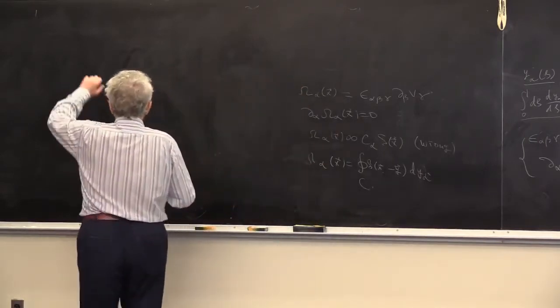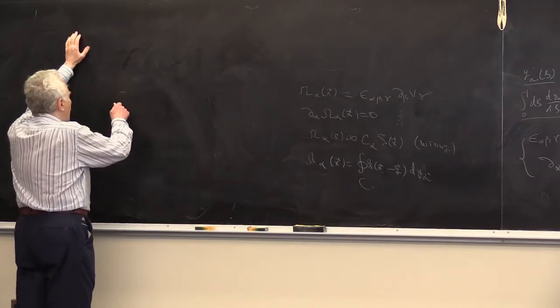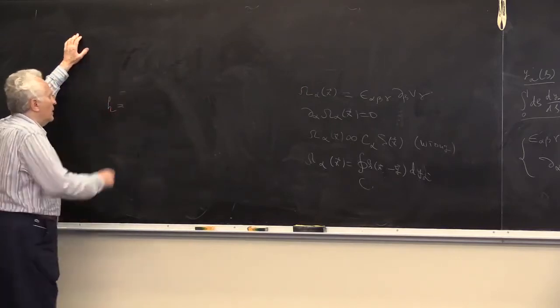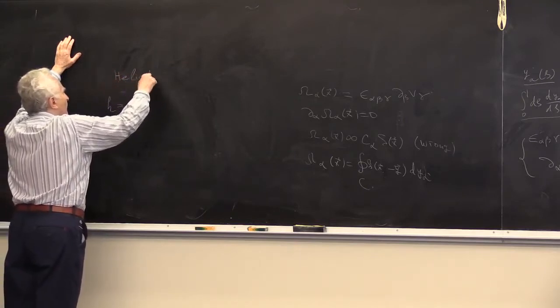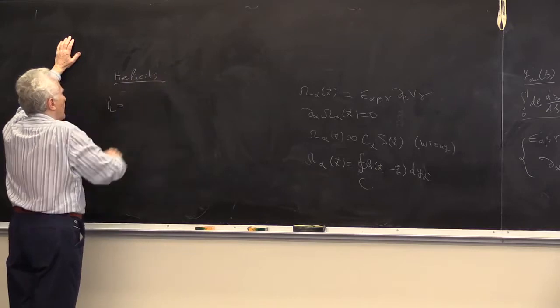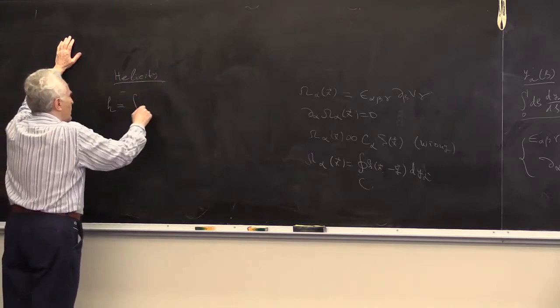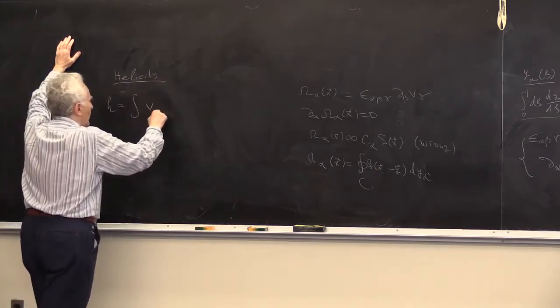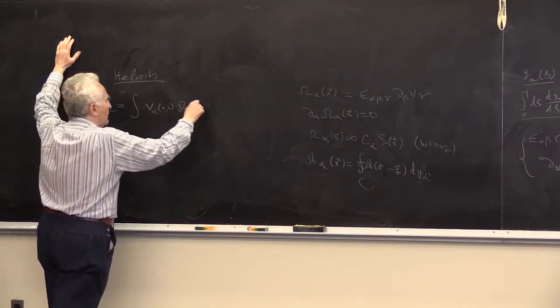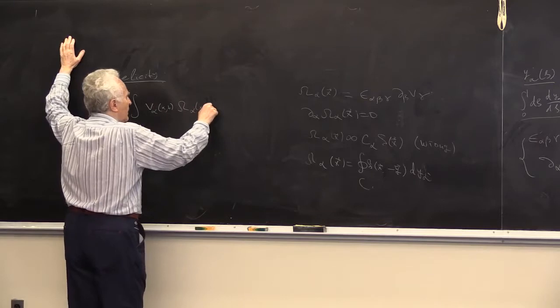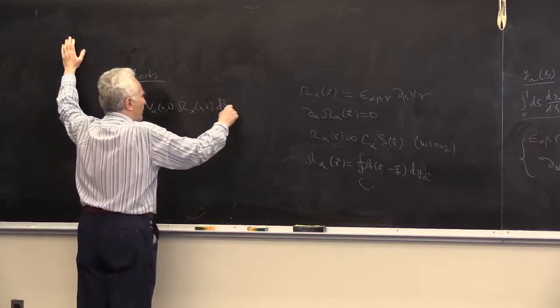One is that in 3 dimensions you can form the quantity H, which is called helicity, which is just the integral of the scalar product v_alpha(x,t) omega_alpha(x,t) d^3x.